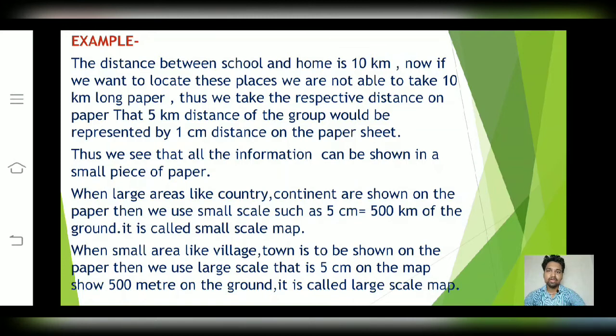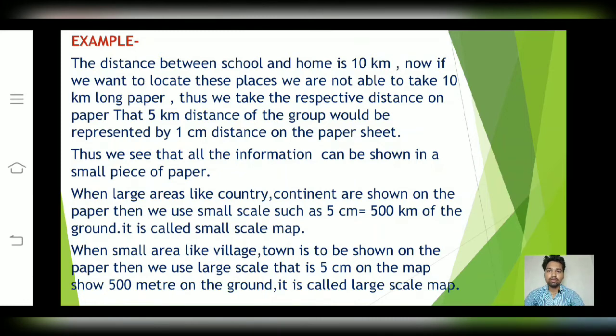Let's suppose we say that 5 kilometers of actual distance will represent 1 centimeter of distance on a paper, then we may easily say that the distance between school and home will be 2 centimeters. Friends, thus we see that all the information can be shown easily on a small paper.